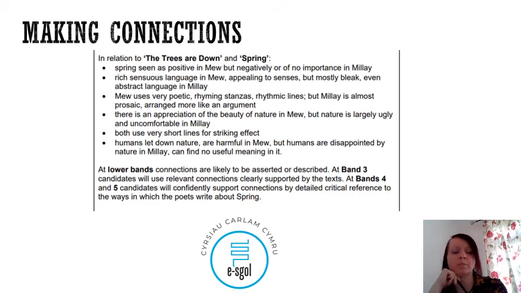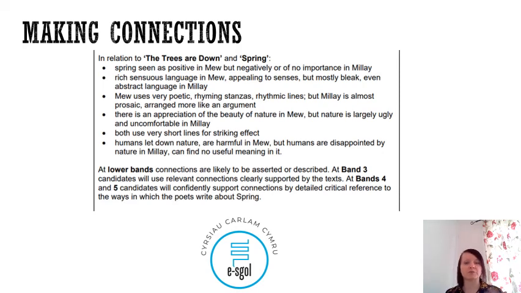So in relation to the two poems that we've looked at, the types of connections we could make are the fact that spring is seen as positive in Mew, but of negative or very little importance or significance in Millay. We've got really quite rich sensuous language, the sensory images in Mew's, but then mostly bleak and even quite abstract language that Millay uses.